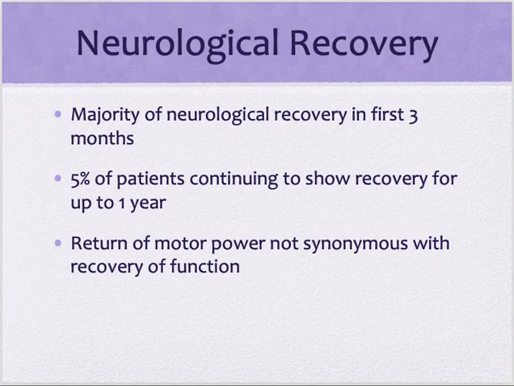You can see the majority of neurological recovery occurs in the first 3 months, and 5% of patients continue to show recovery for up to 1 year. Whenever anyone has a stroke, first of all the area becomes flaccid, and later on it becomes spastic.